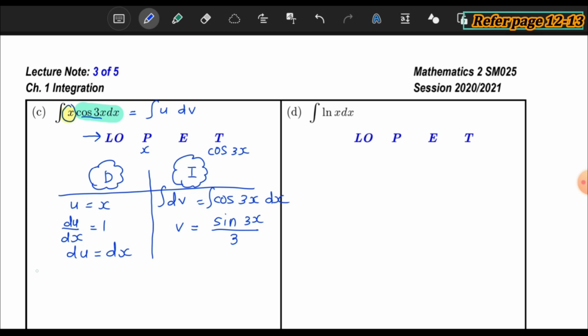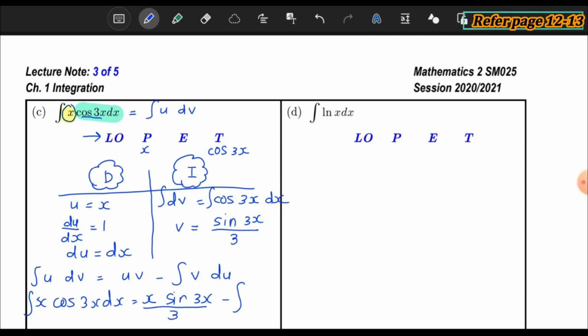Back to the formula, we have integrate u dv equal to uv minus integrate v du. For the question, we have integrate x cos 3x dx equal to uv will be x sine 3x over 3 minus integrate v is sine 3x over 3 and du is dx.